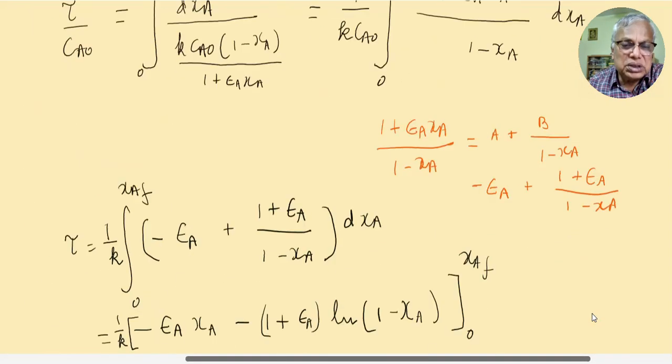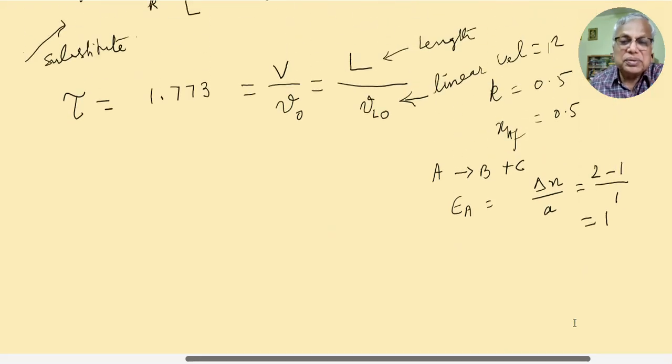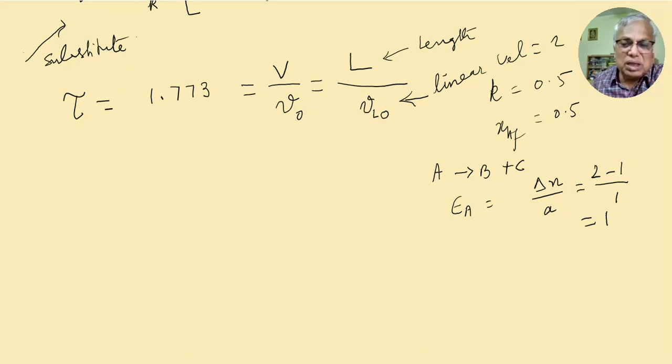So the length of the reactor will be 2 into 1.773, that is equal to 3.545. This is in meter.